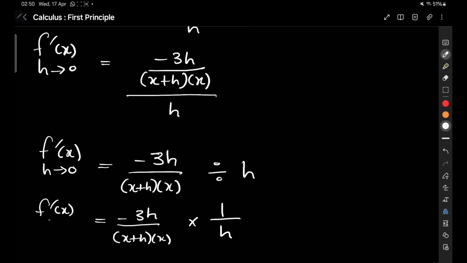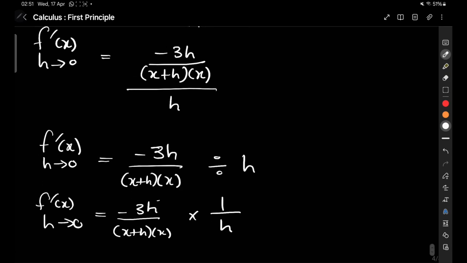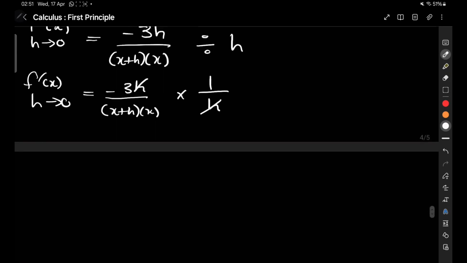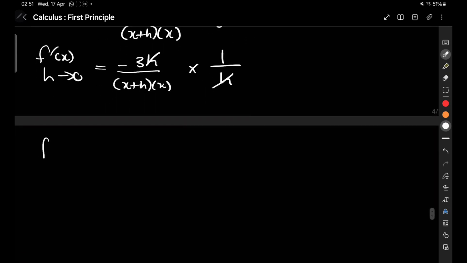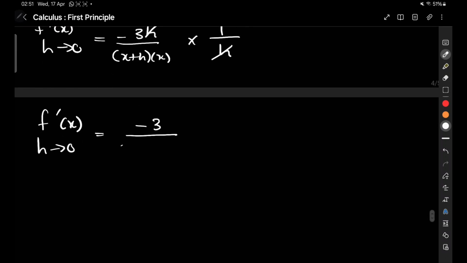Let's not forget, we need to carry this all the time until we substitute. So this will cancel out with this. And what we have remaining, let me just open a new page. We have f of x, h goes to 0, equals minus 3 on the numerator all over, and if we multiply the denominator, we have x squared plus hx.